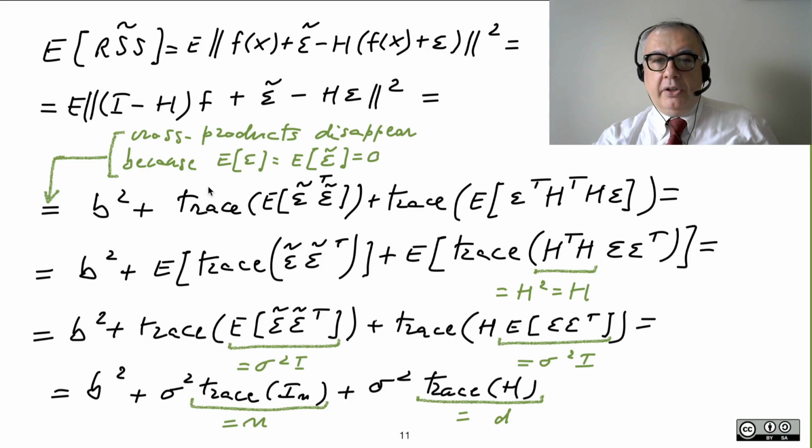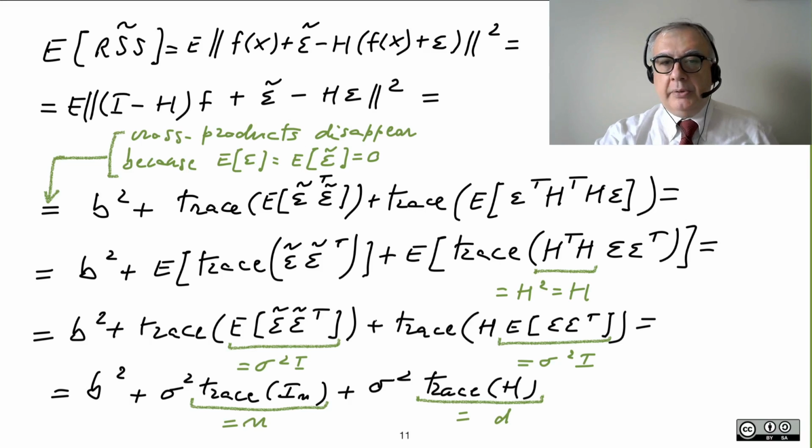At this point I go on and I compute this expression. Again, we have some cross products, but these are going to disappear because both epsilon and epsilon tilde have zero expectation. So the only terms to survive are these ones. We have the squared bias, then we have the trace of the expectation of epsilon tilde transpose, and the trace of this other term. Here there is the usual game with trace.